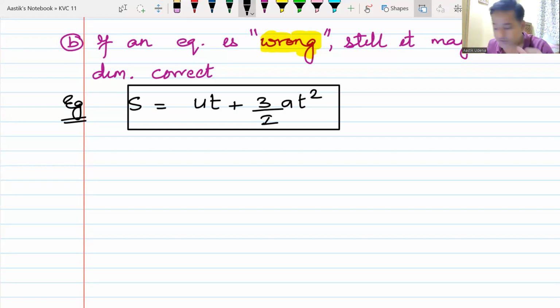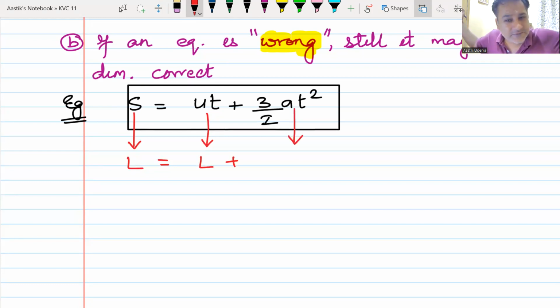But if I check the dimension of this, what will be the dimension of this, bacha? L. We have already calculated it. L, yes or no? Plus, what will be the dimension of this?